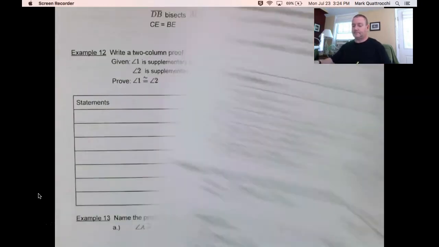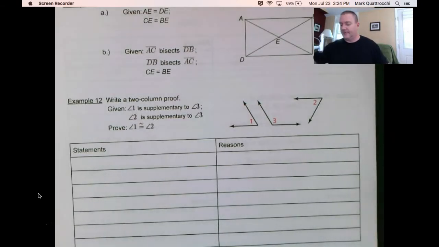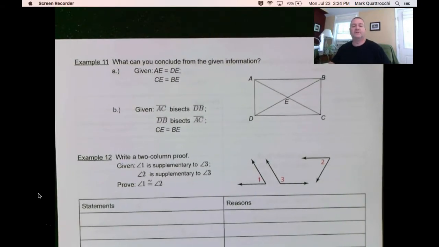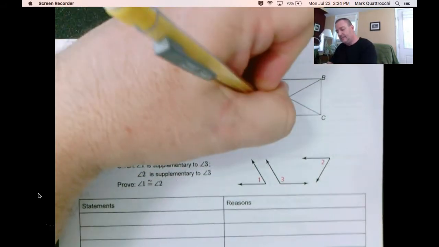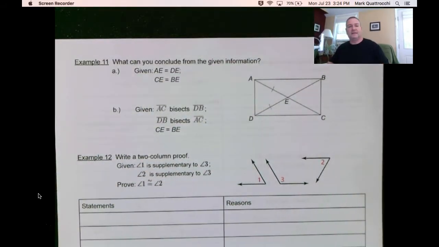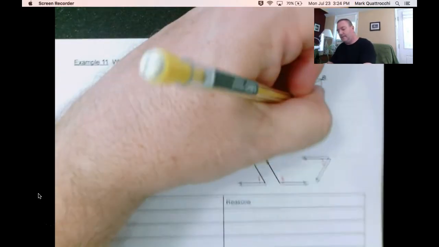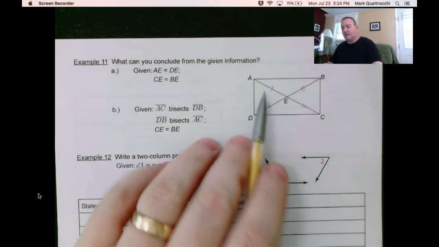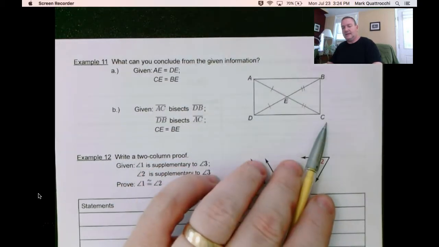Example 11. What can you conclude from the given information? So if we are given that AE is equal to DE, and we're given that CE is equal to BE, what can we conclude? Well, what can you tell me about AE and EC?